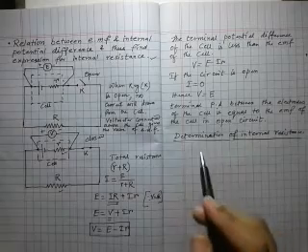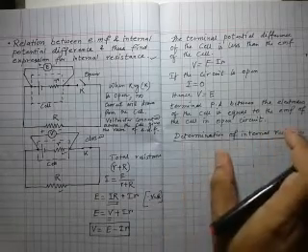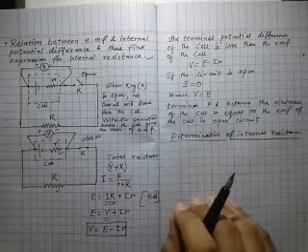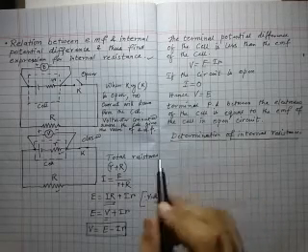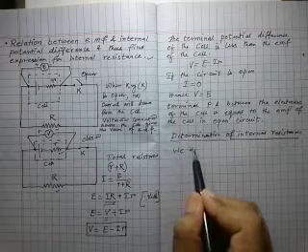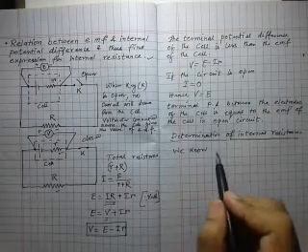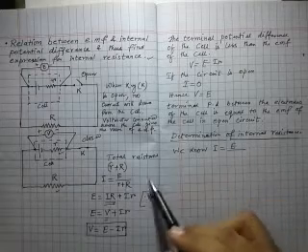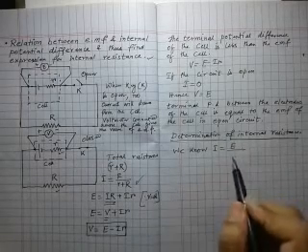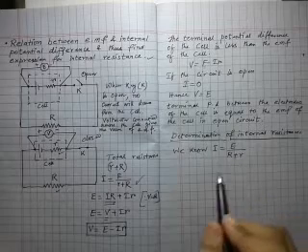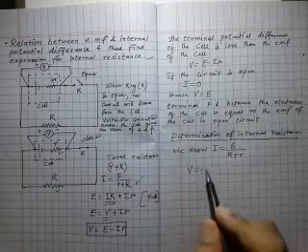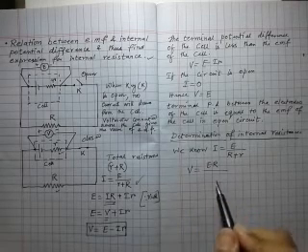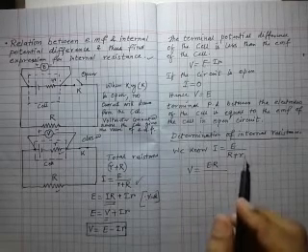So what we'll do. We know I is equal to E by R plus r, and you know V is equal to IR, so V is equal to ER by R plus r.